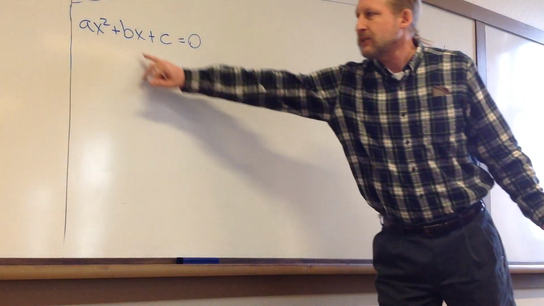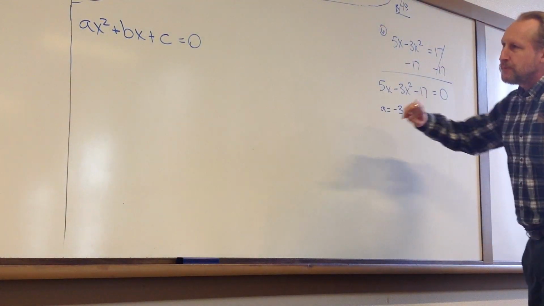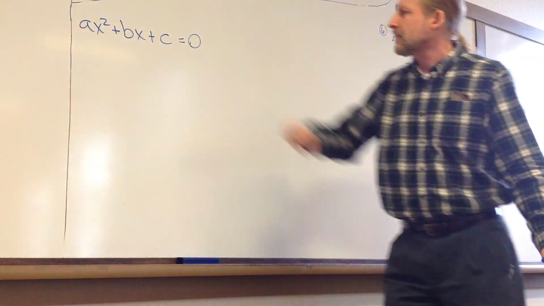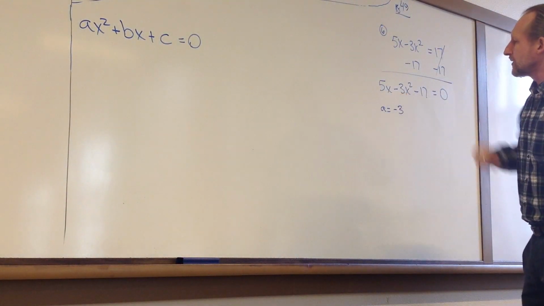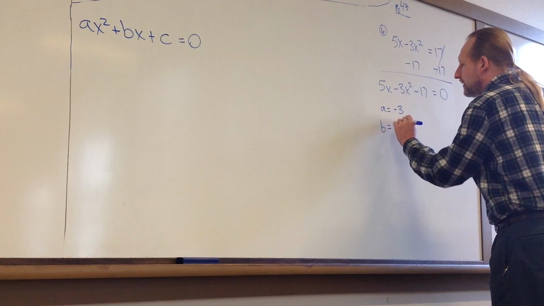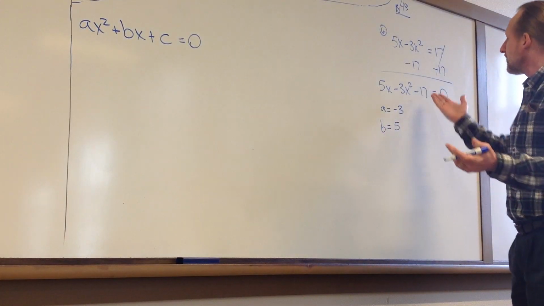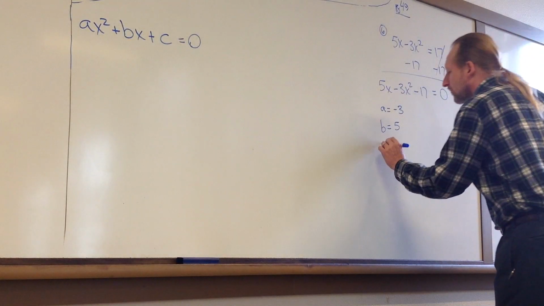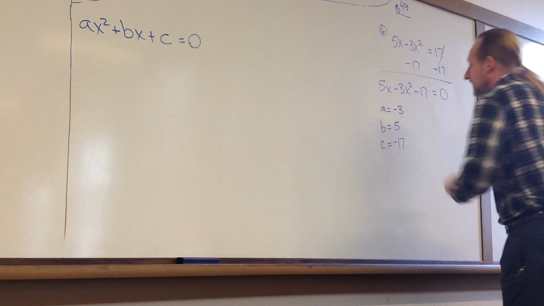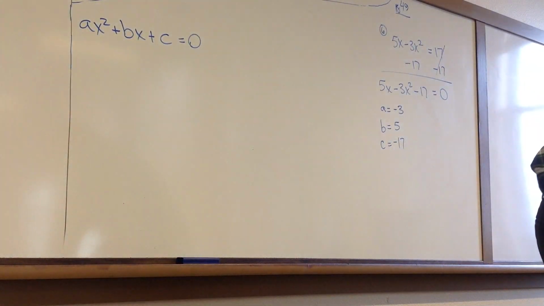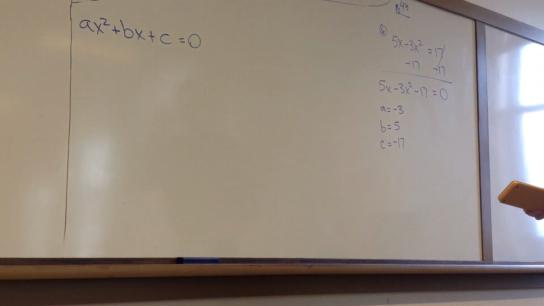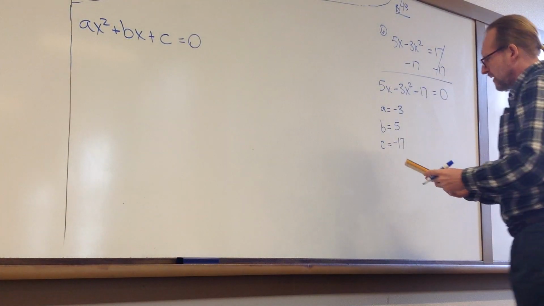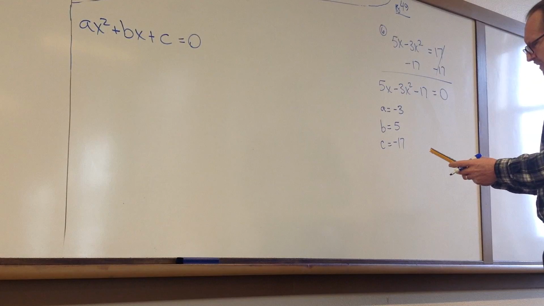And the b is not just whatever number comes second. The b is the coefficient for the x term, what's often called the linear term. Okay, so here b is +5, and then the c is the constant term, which as it happens did come third. So our c is -17. So now we can take these values for a, b, and c, and we can run them through the quadratic formula.